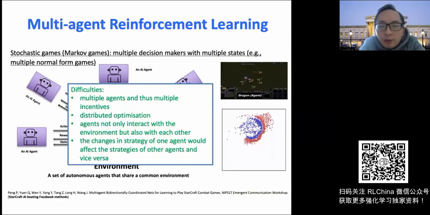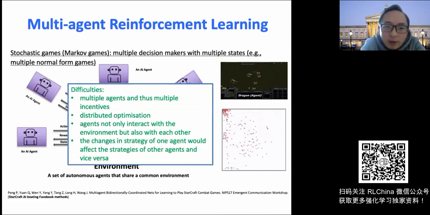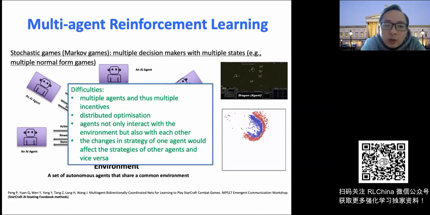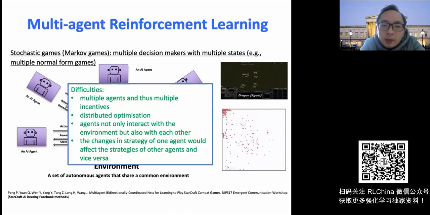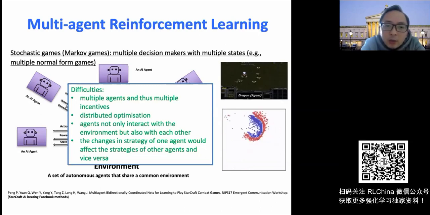The difficulty is that you have multiple agents, and therefore multiple incentives, and in most cases they are working in a distributed manner. So you probably don't have observation of other people's policy. Sometimes you don't even have observation of other people's actions or states.